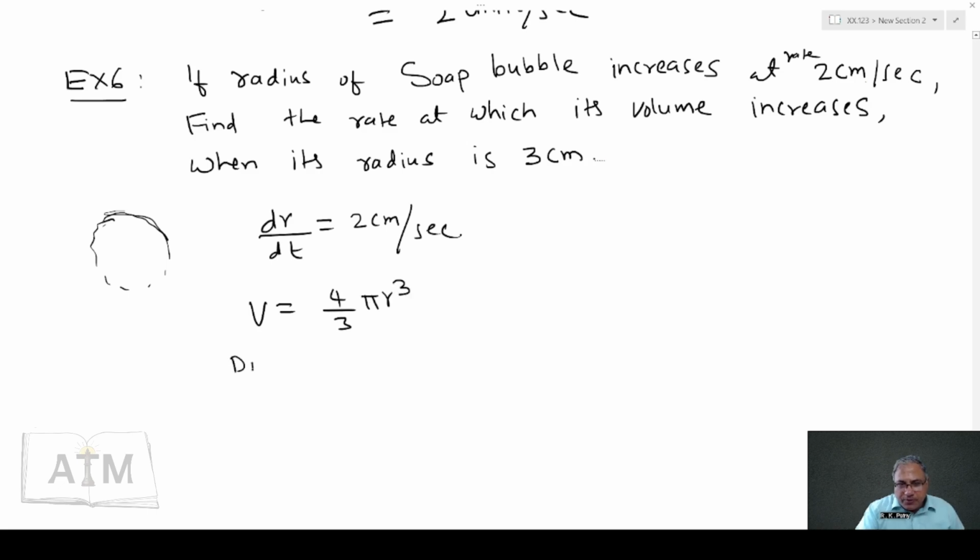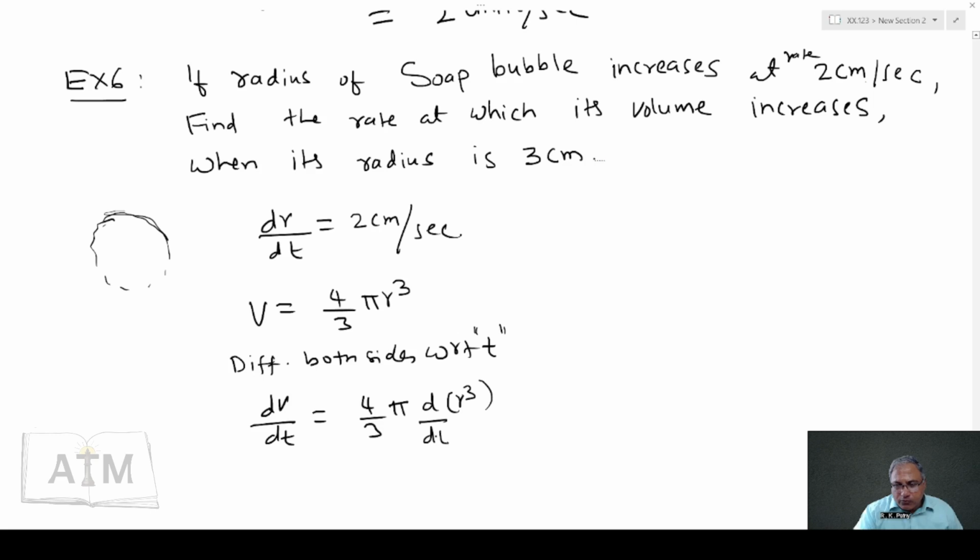Now differentiating both sides with respect to t. Why with respect to t? Because both are changing with respect to time. Therefore, we have dv by dt equals 4 by 3 pi and the derivative of r cube with respect to t.